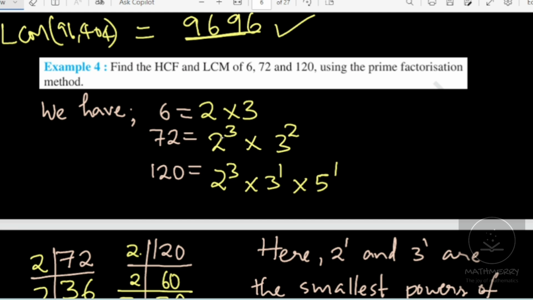Now we have to look for the least power. Here 2 raised to 1 and 3 raised to 1 are the least powers; all the others have 3 as the power. So 2 raised to 1 into 3 raised to 1 is what we are going to take.